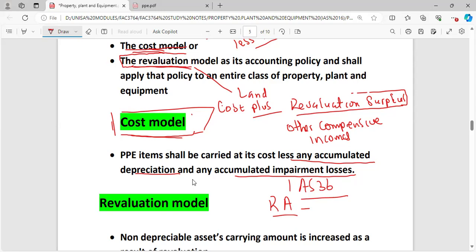What determines the recoverable amount of the asset in most cases is the asset's capability to generate income. If the asset can no longer generate income, then it means it has to be impaired. But we're going to look at it in detail in International Accounting Standard 36.